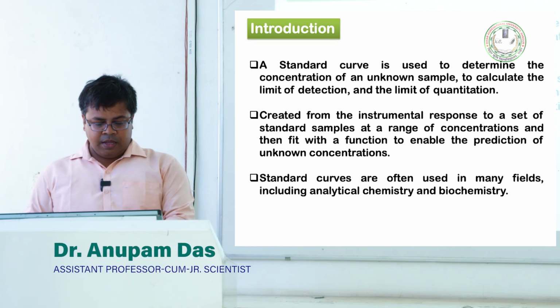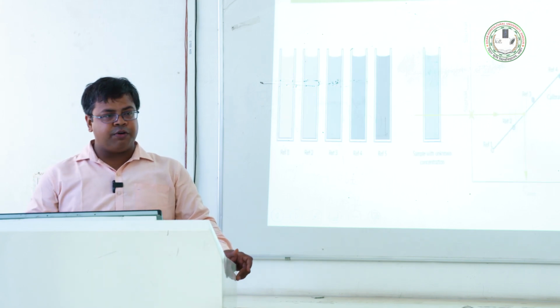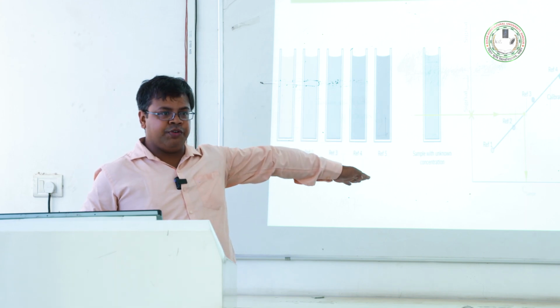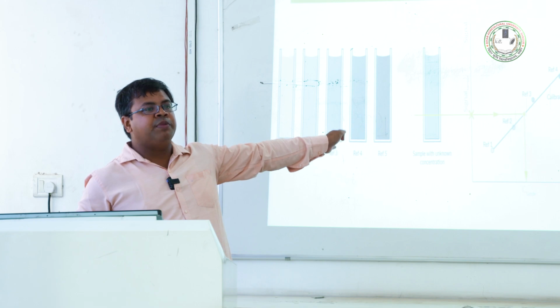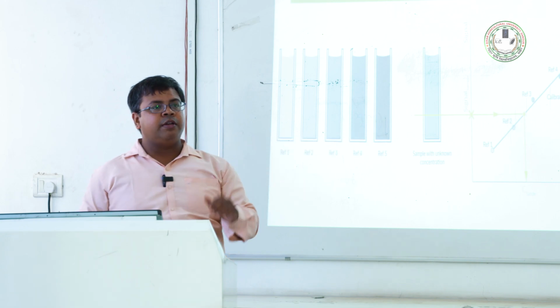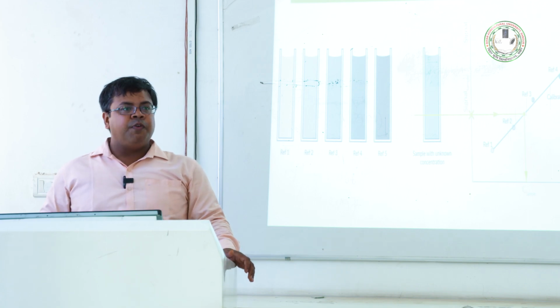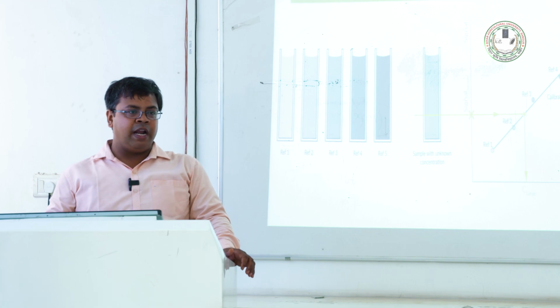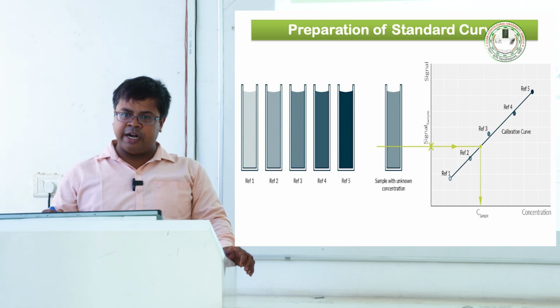Okay, now once we get the equation, we see that this is a straight line equation. Now if we get the absorbance of the unknown sample, that means we have the y. Then, for the least square method, first we have to take a line parallel to the x-axis from the point of y, where it meets the standard curve.